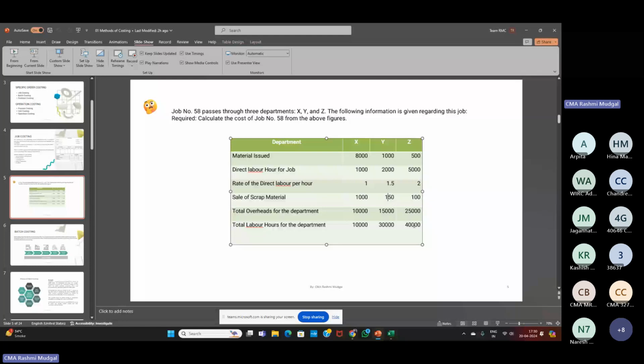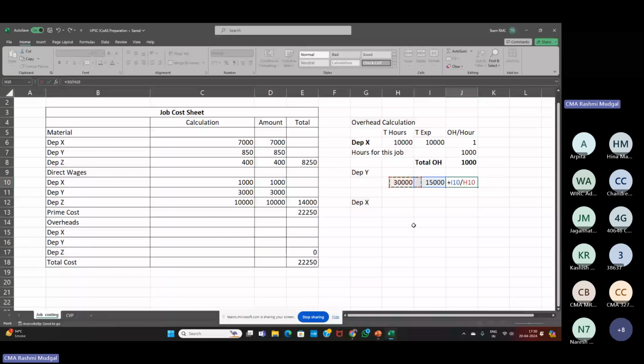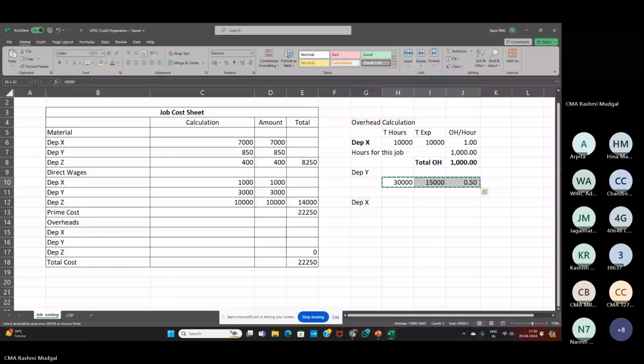Say in department Y, they have spent 15,000 as the amount and 30,000 is the hours. So again we divide the amount, and we can see here that 50 paisa per hour is the cost. How many hours have been spent on this second department?